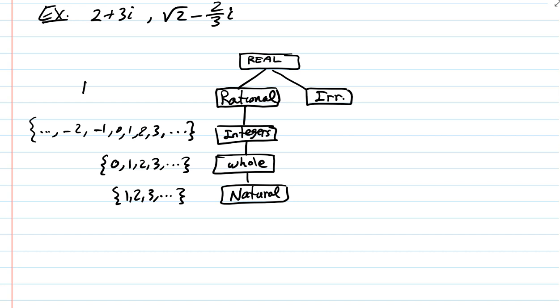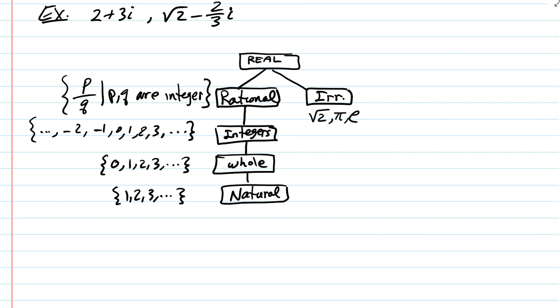Rational numbers are in the form p over q, if you recall, such that p and q are integers. Here is where you have your fractions and your decimals, terminating decimals that is, or non-terminating but repeating blocks of digits. Irrationals are square root of 2, pi, e, things like that. That's what those are.